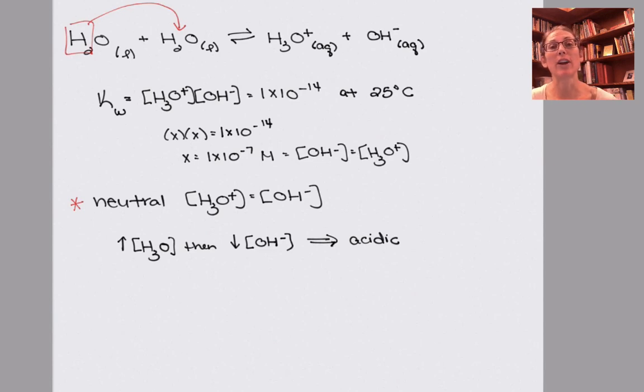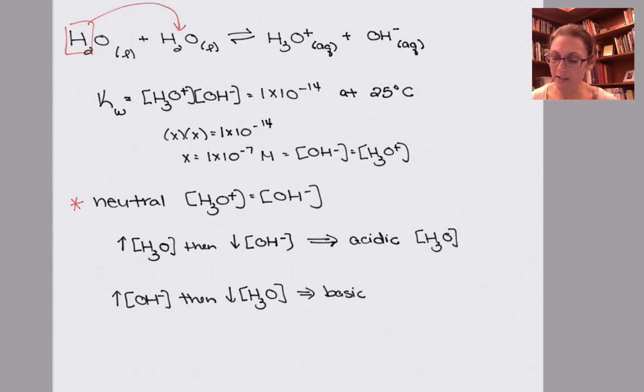On the contrary, if I were to add a base, something like sodium hydroxide, I would increase the concentration of hydroxide. Well, then in response to that, in order to reestablish equilibrium, since that product has to always be equal to that equilibrium constant, then the concentration of hydronium would decrease. And that would give me a basic solution.